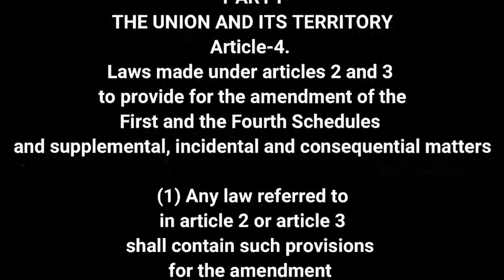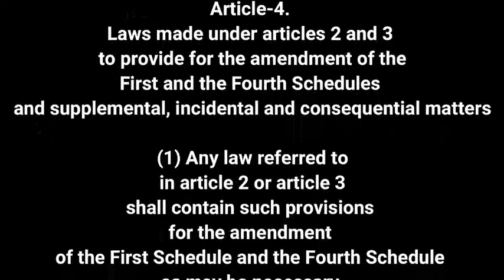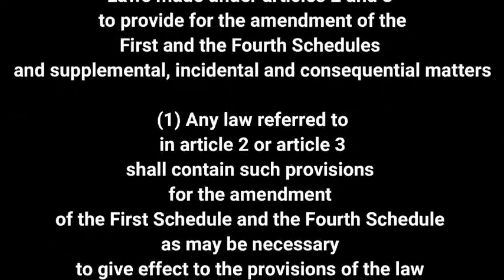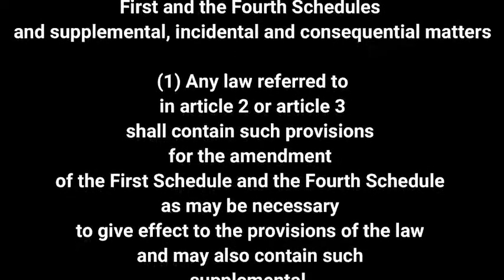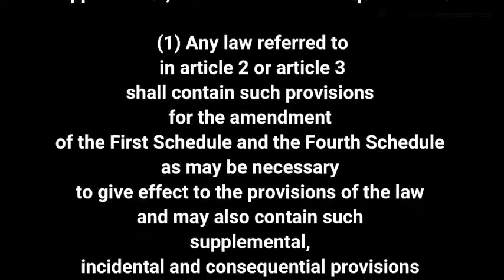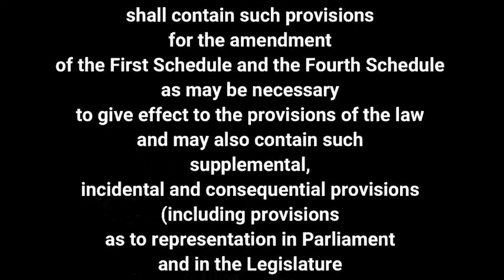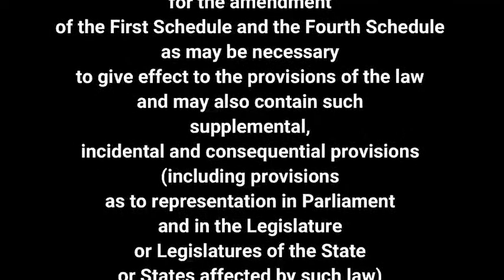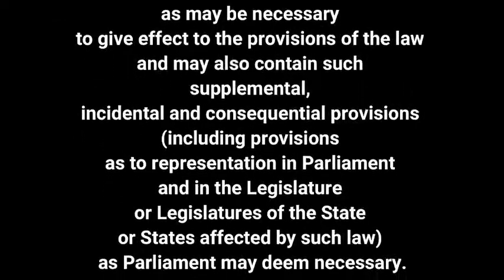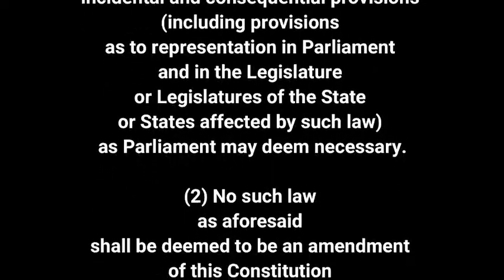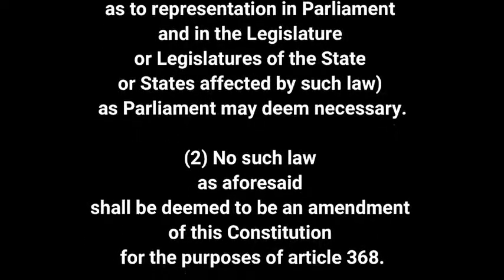Any law referred to in Article 2 or Article 3 shall contain such provisions for the amendment of the first schedule and the fourth schedule, as may be necessary to give effect to the provisions of the law, and may also contain such supplemental, incidental and consequential provisions, including provisions as to representation in Parliament, and in the legislature or legislatures of the state or states affected by such law, as Parliament may deem necessary.